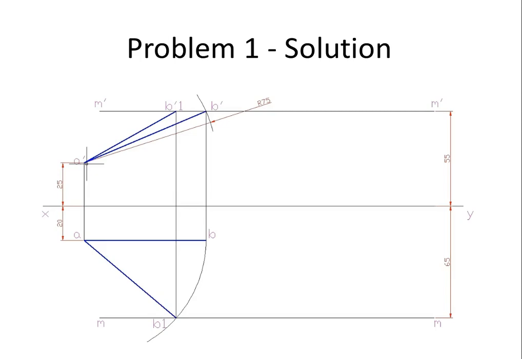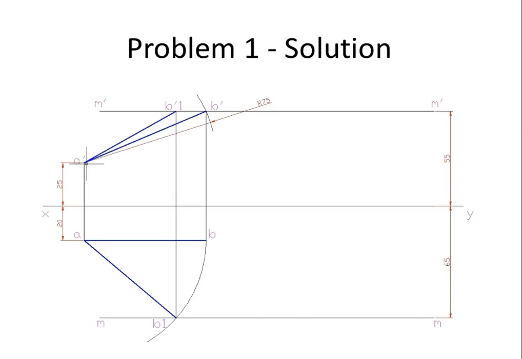And this M dash M dash and MM are nothing but the locus of the other endpoint, which is again derived from the question, which says that the other endpoint is 55 mm above HP and 65 mm in front of VP. So based on that, we have drawn the projectors.